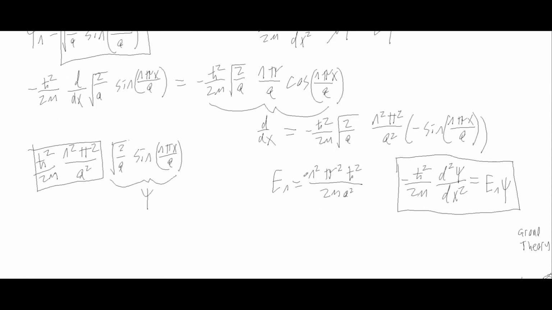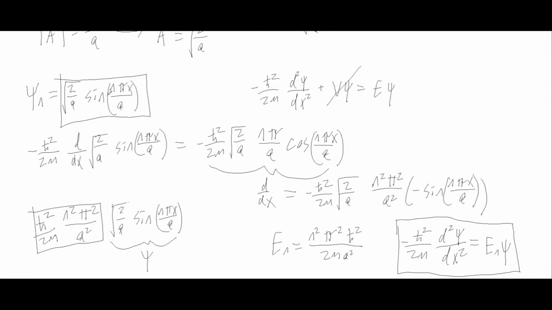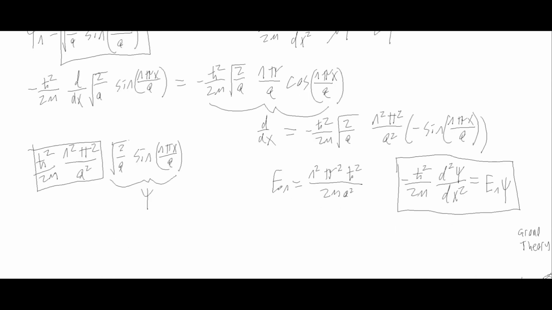After that, I showed how if we plug this into the Schrodinger equation and we assume that V was equal to 0, that the potential is 0 inside the well, we ended up getting exactly what we needed. It showed that this here is a solution to the Schrodinger equation, and it tells us the energy here.